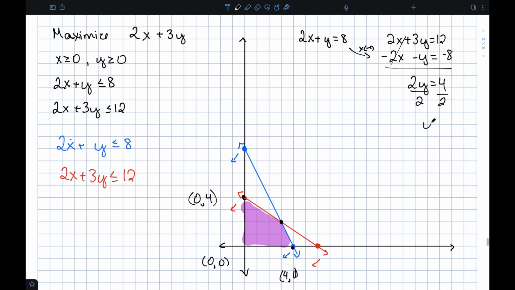Dividing by 2 gives me that y is equal to 2. Substituting back into the first equation, I have 2x plus 2 is equal to 8. I can subtract 2 from both sides to get 2x equal to 6. And divide by 2 to get x is equal to 3. So this is the point (3, 2).